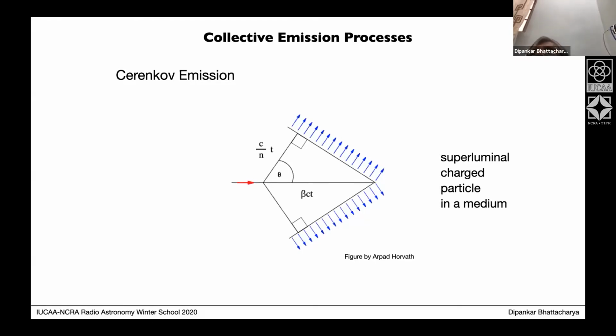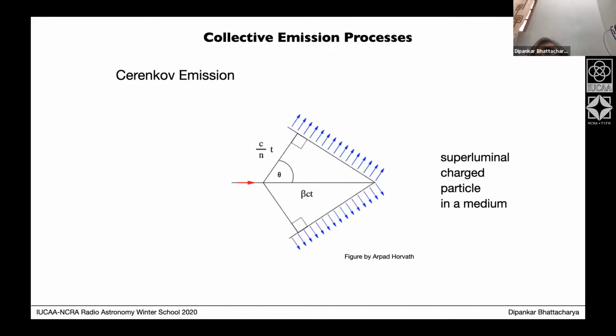But there are also collective processes by which some disturbance in a medium causes a collective motion of the electrons or the charges in it. And it is this collective motion of the charges which then produces some radiation that we can actually observe.